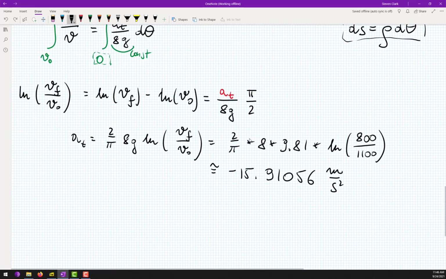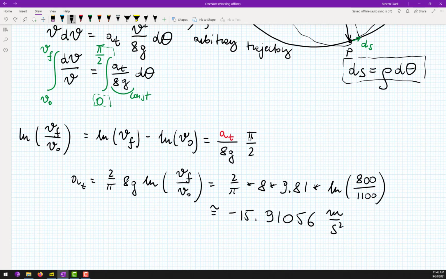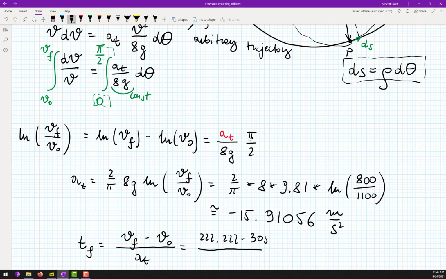Okay, so now let's find the final thing they ask us for. T final is equal to v final minus v0 divided by at. Plug in values, this time in meters per second. So that would be 222.222 minus 305.556 divided by the value we just found, minus 15.91056.